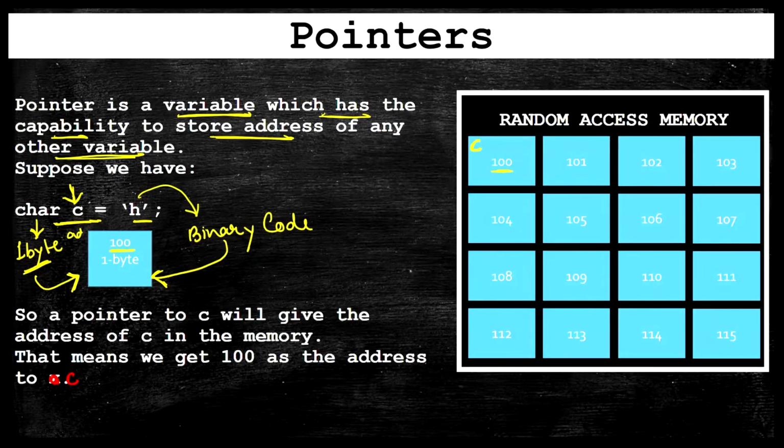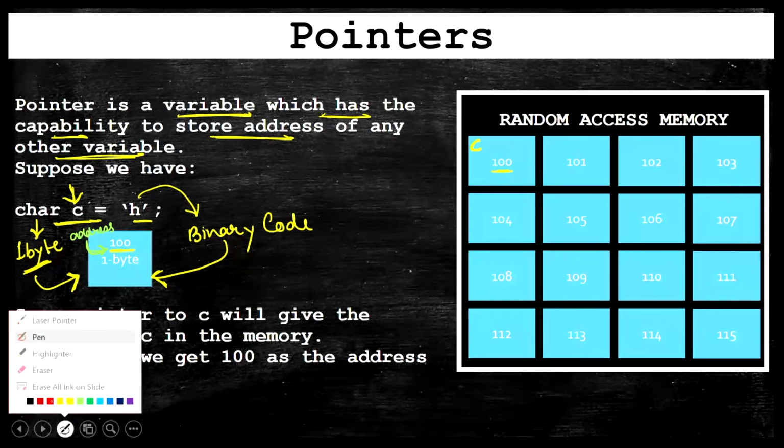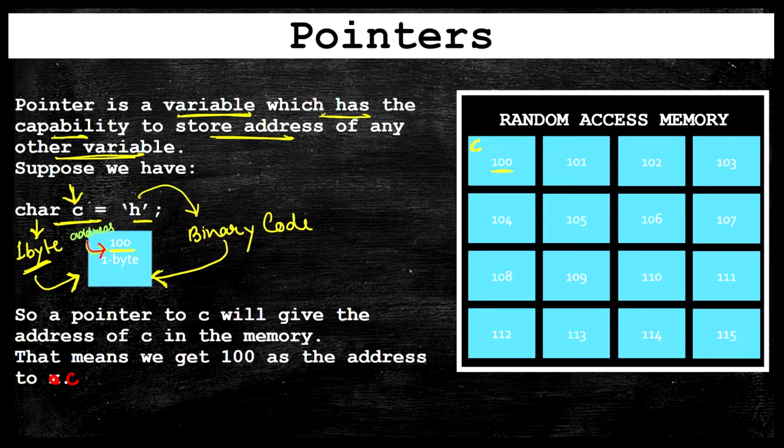So the address of C is 100. To get this address, we take the help of pointers. And what is stored in this address?